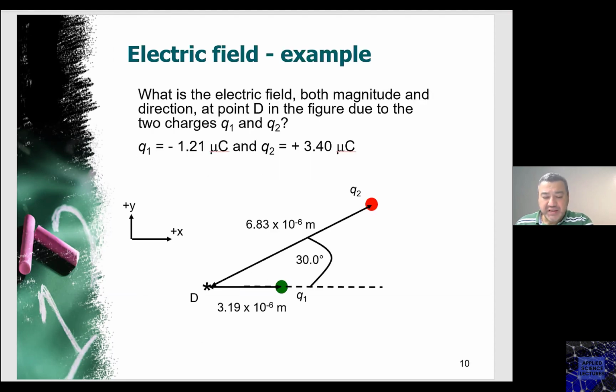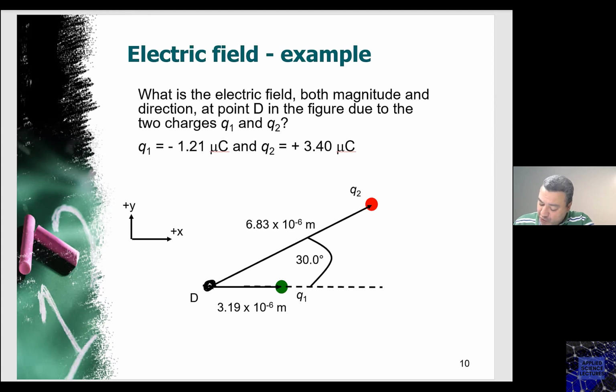Let's look at this example. In this example, we have an electric field, both magnitude and direction, at point D that we need to calculate. So right here at point D, we need to calculate both the magnitude and the direction of the electric field due to two charges.